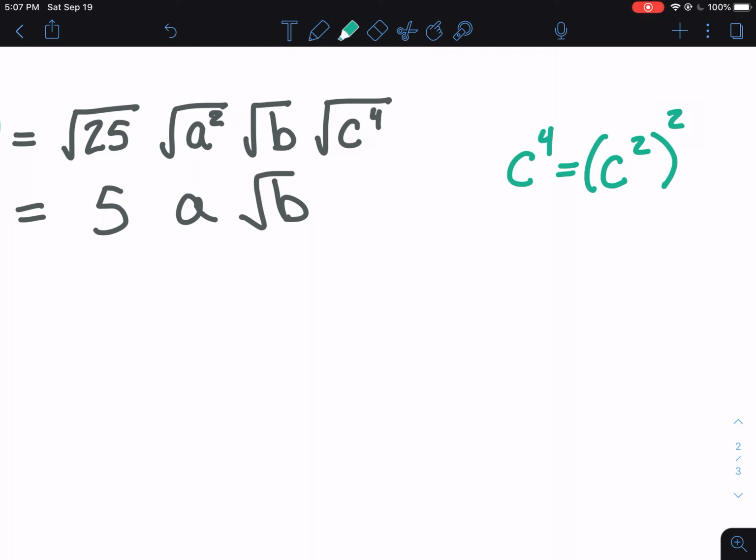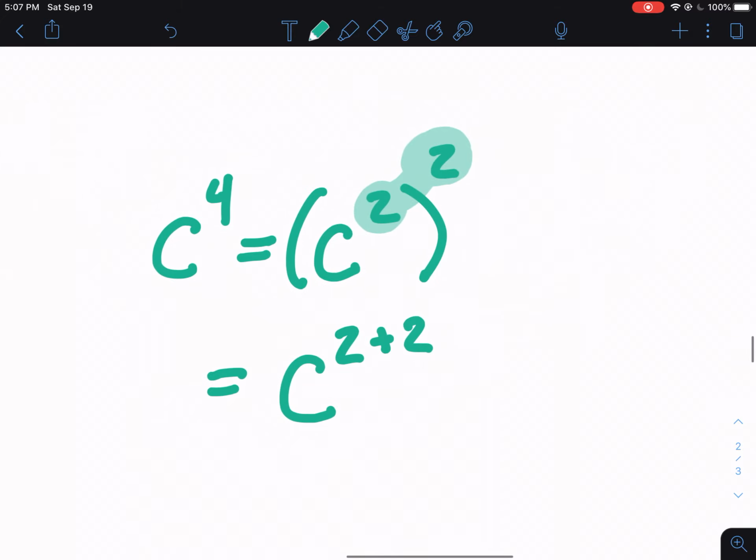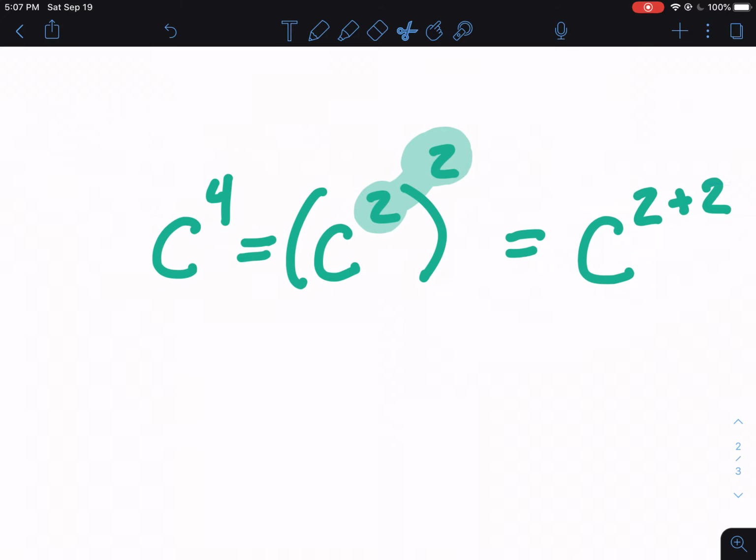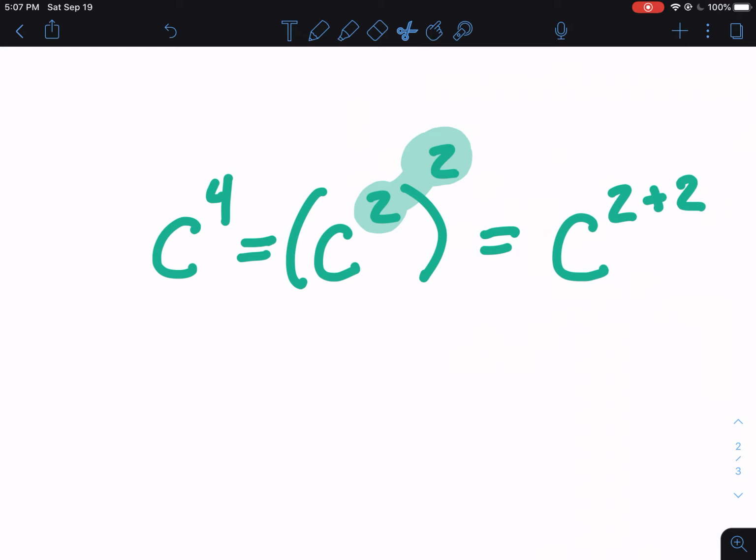Because when we have a power raised to another power, it's c to the 2 times 2 power. So these expressions are all the same. When you have c squared, that whole thing squared, that's the same thing as c to the 4th.